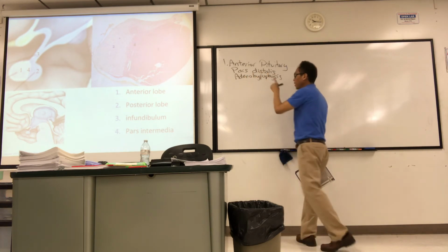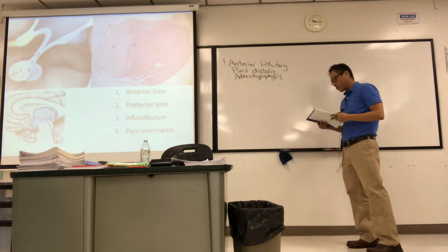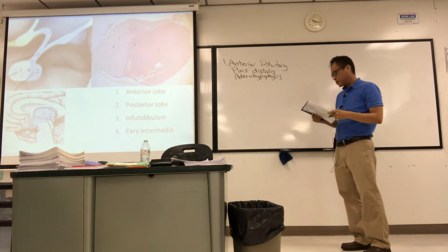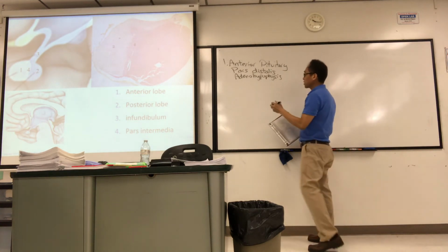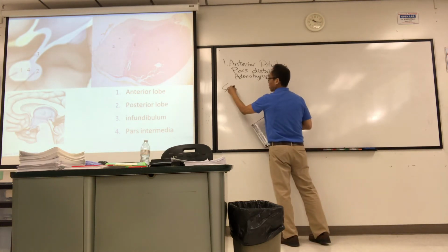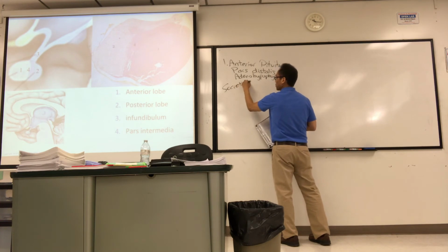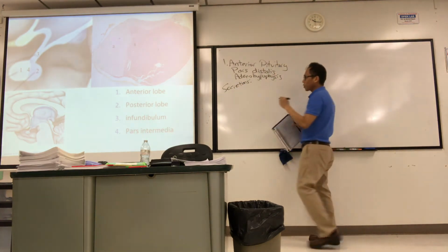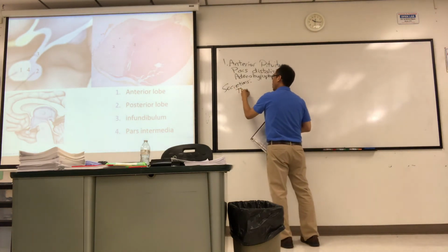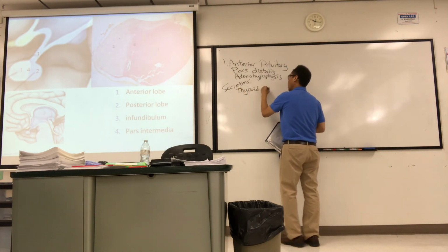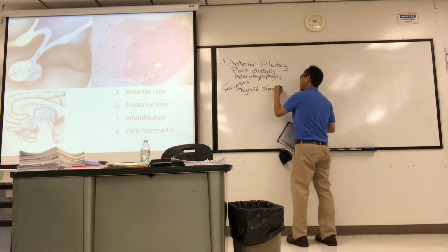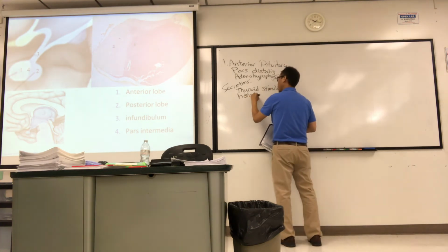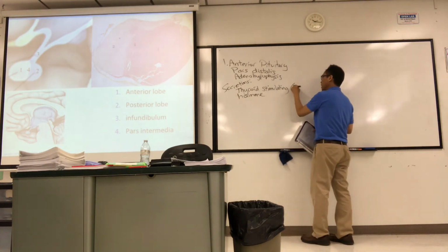Now there's a lot of cells that secrete a lot of different hormones for us, and let me just write them all out for you. I gave you abbreviations before. One, secretions, these are tropic hormones: thyroid stimulating hormone, abbreviated TSH.